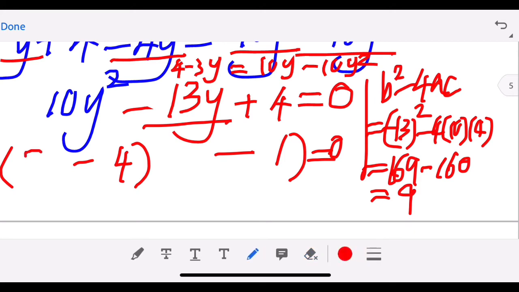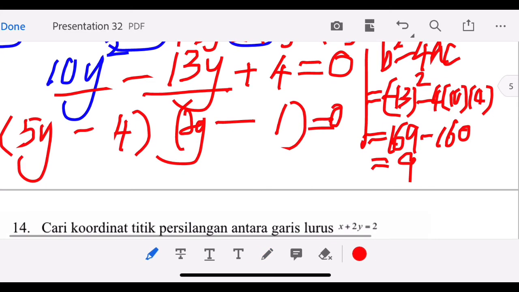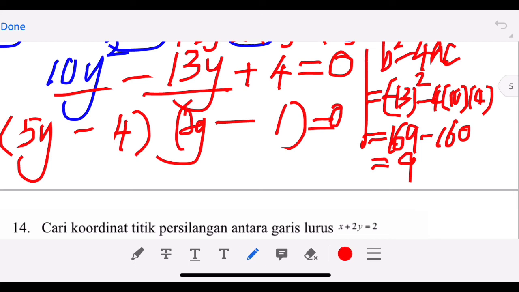So I choose 5y here, and here I choose 2y to get 10y squared. Minus 5 minus 8, yeah, 13, right? Plus 4. It looks okay for this pair, right? You agree?